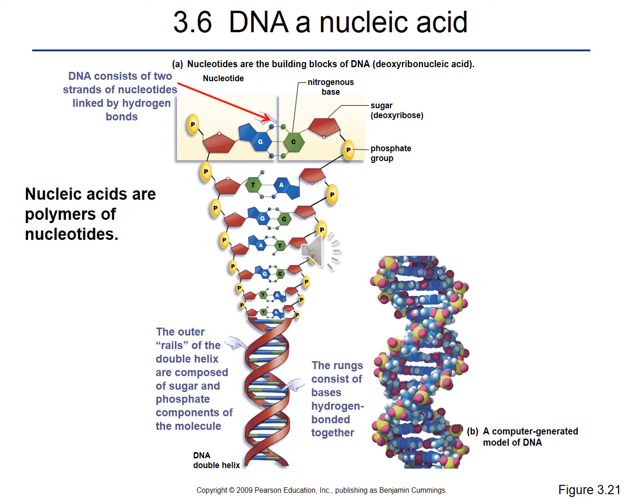So DNA consists of two strands of nucleotides that are linked together by hydrogen bonds. On the left side there is one nucleotide, and on the right side is another nucleotide. However, the one on the right looks like it's upside down when compared to the one on the left.